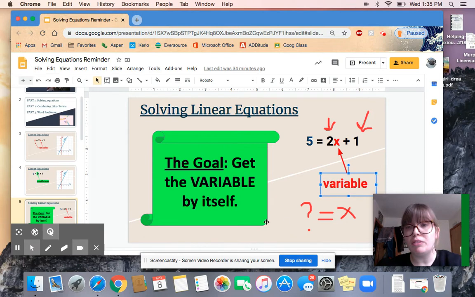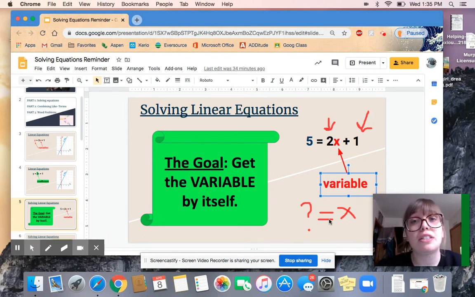Now, you might remember that we have a set of steps that we follow in math class for this. So we're going to go through those steps and solve this equation together and do some examples. The one thing I want us to remember is that when we're solving equations, we always got to stay balanced. So you might remember that when we think about equations, we like to think of a scale. We have our two pieces of our scale.